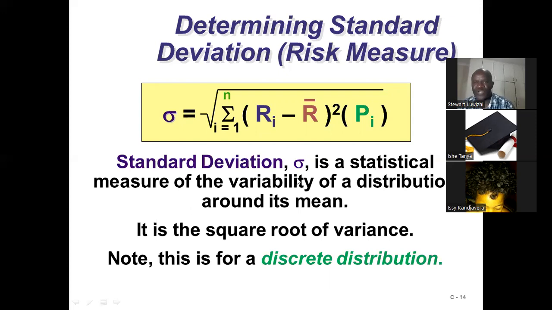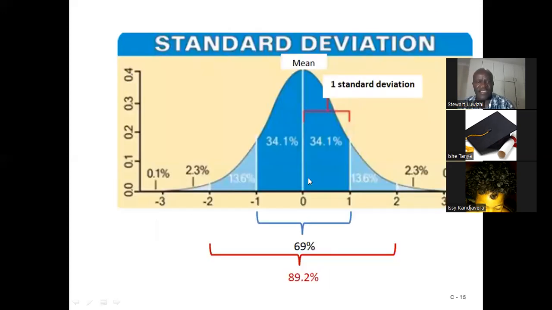Of course, when we present this in a tabular form, it will be easier for you. But let me just elaborate on the concept of standard deviation. We are dealing here with the normal distribution, right? You can see this is a normal distribution, and the mean, which is the average, is in the middle.